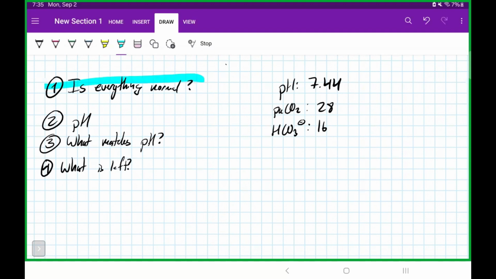So part one, is everything normal? Well, once again, our pH is normal, but we can see that our PaCO2 here is low. This is quite basic. And our HCO3 here is also low, which for that means that it's quite acidic.